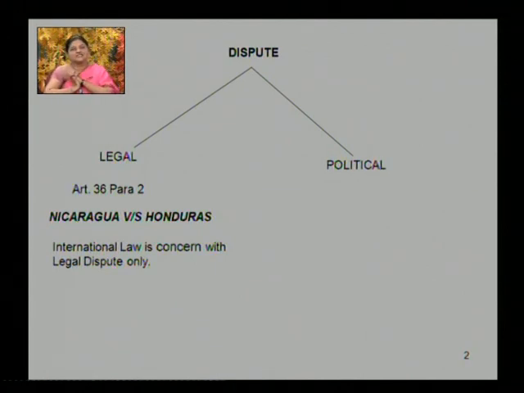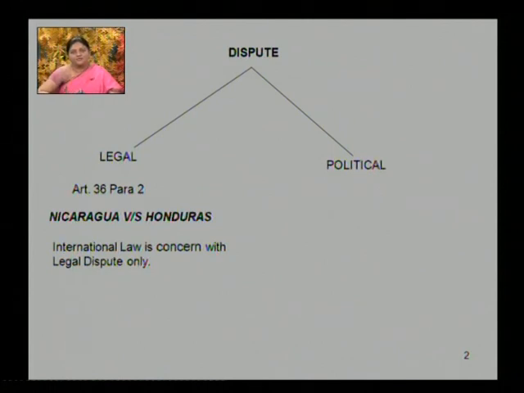International law is concerned with only legal disputes. If you see slide number 1, Article 36 para 2 says that the International Court of Justice can deal only with legal disputes.